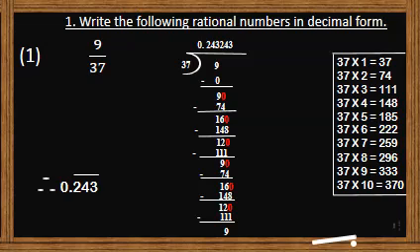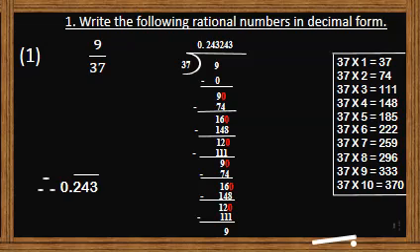Now we will see whether 120 comes in the table of 37 or not. Our answer is no, it doesn't. So we have to take less than 120. Less than 120 is 37 threes are 111. When we subtract, our answer is 9.